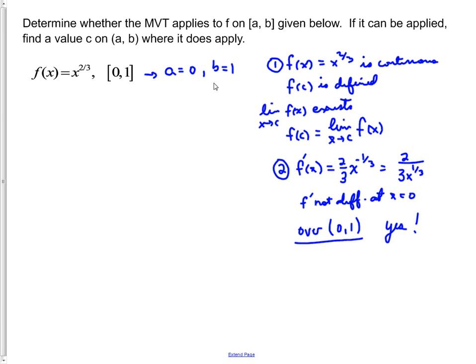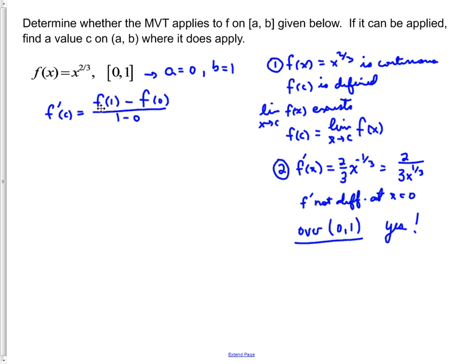All right, so what is our next task? Well, our next task is to figure out a point, c, on the interval such that the derivative, when we evaluate it at that point c, is equal to the value of f of 1 minus f of 0 divided by 1 minus 0.